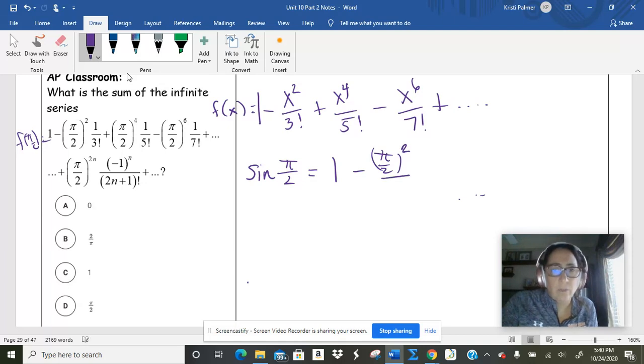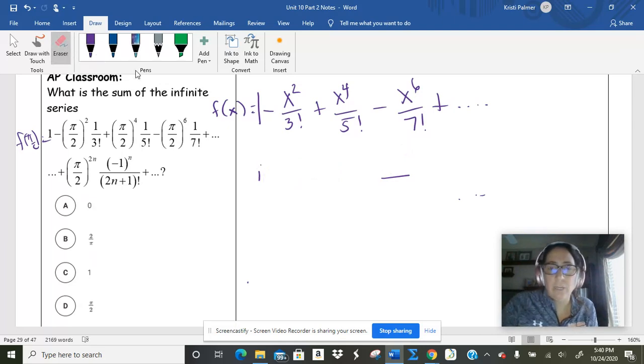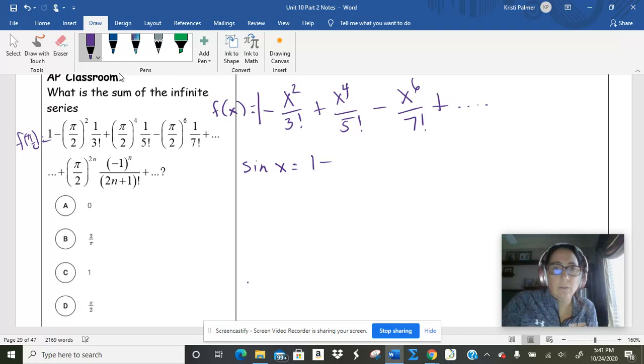Sine of x goes odd: x minus x to the third over 3 factorial plus x to the fifth over 5 factorial.